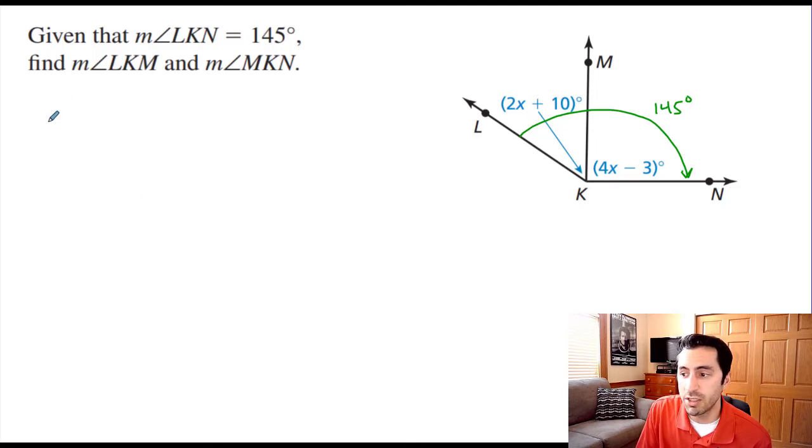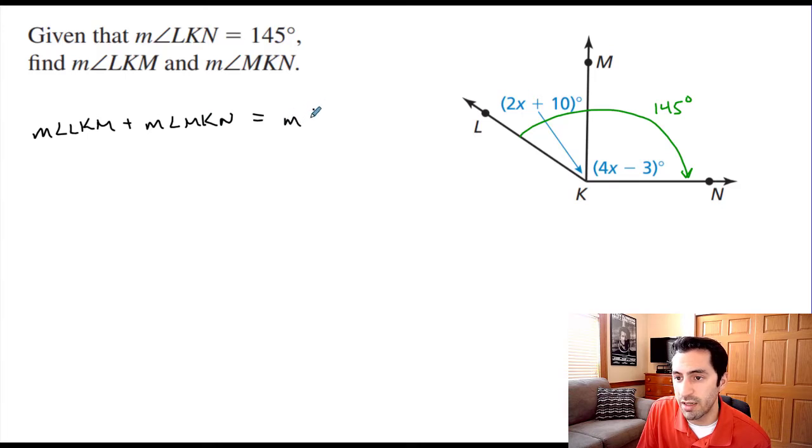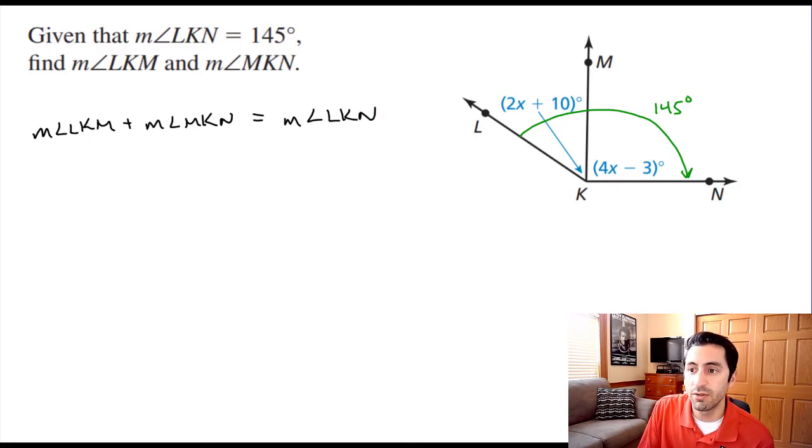Okay, so now our angle addition postulate says if I take these two smaller ones and I add them together, that should give me the measure of the big angle, which in this case is the measure of angle LKN. So now we just have to do a little bit of substitution. So over here on the left, LKM is represented by the expression 2x plus 10.